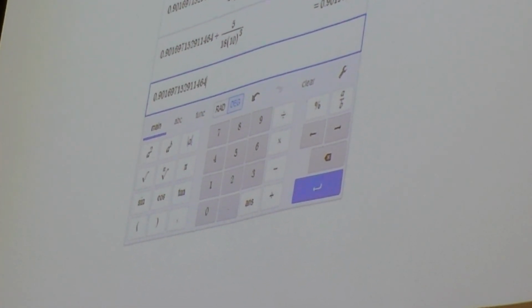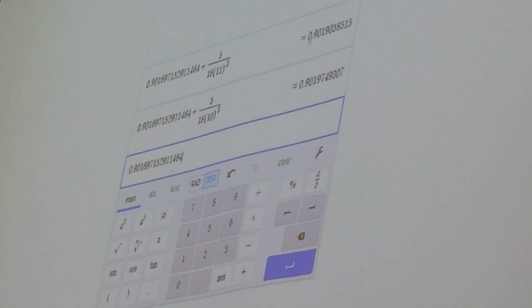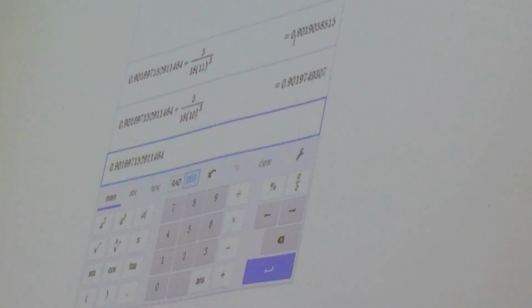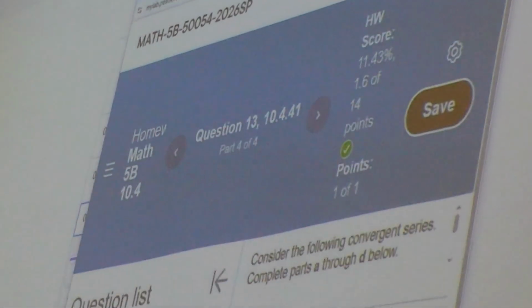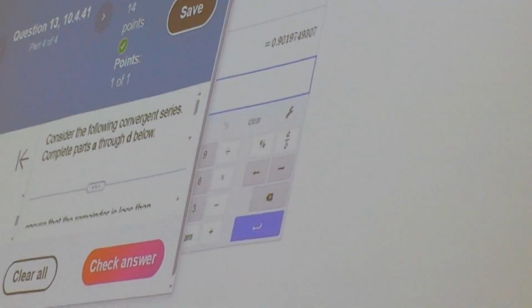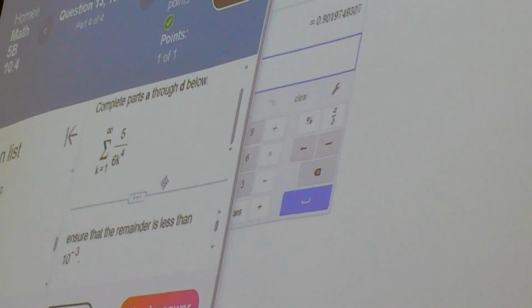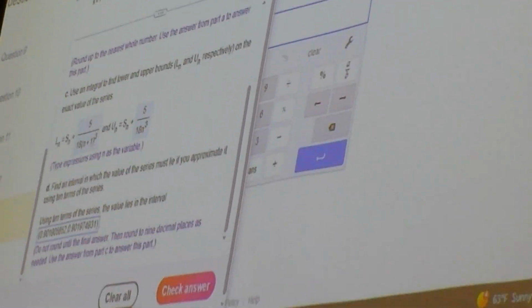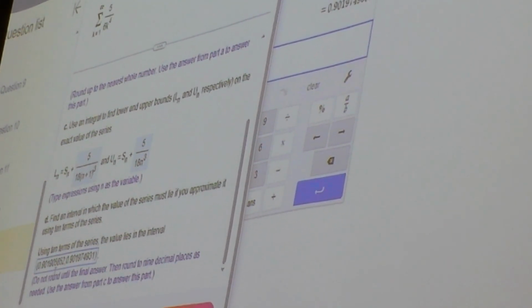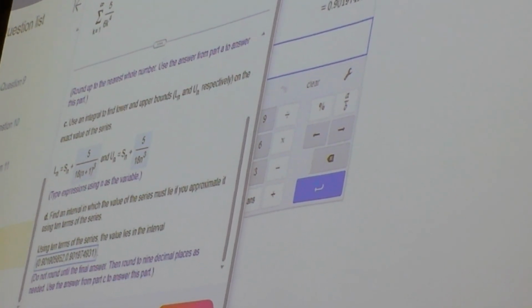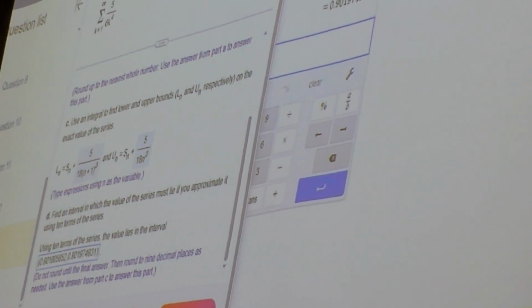This one should be the lower, right? 901, 905, 852. 851 rounds up to a 2.